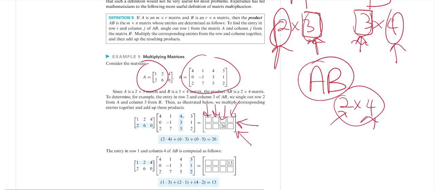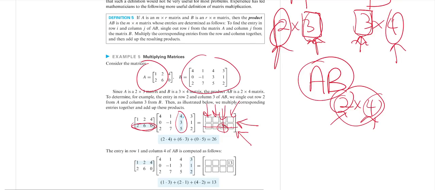Now, how do we define matrix multiplication? We know there are 2 rows and 4 different columns. Let's say we pick this entry. This is on the second row and the third column. In order to get that, start with the row first. You look at the second row of the first matrix and the third column of the second matrix.